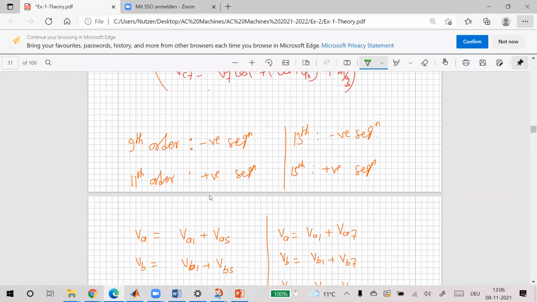This ninth order does not make anything. So it's again zero sequence, sorry. This ninth order is zero sequence because it's a multiple of 3. So a multiple of 3 is going to make zero sequence. This is going to be negative, and this is going to be positive, and again this is going to be 0. Okay.